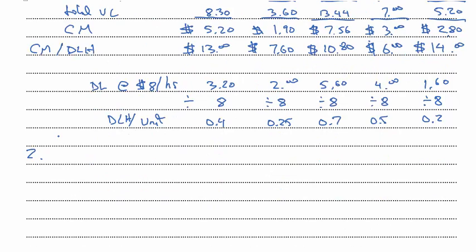Requirement number 2, prepare a schedule showing the total direct labor hours that will be required to produce the units estimated to be sold during the coming year. Okay. And we're going to do this in order of profitability to make it easier to make decisions for us. So most profitable was the sewing kit.